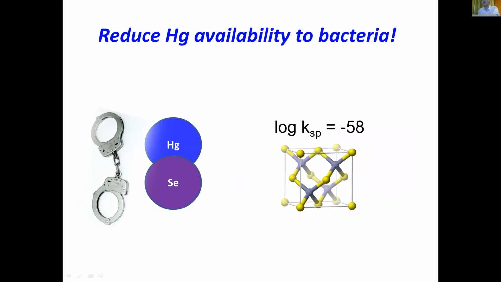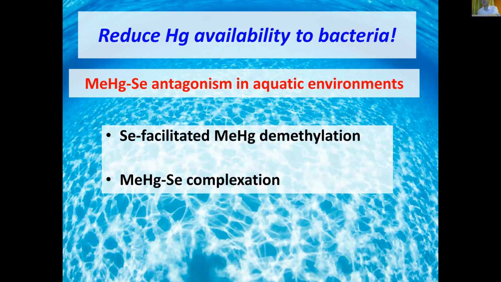The underlying mechanism of what we call the methylmercury-selenium antagonism in the aquatic environment, that means selenium decreases methylmercury accumulation in the aquatic system, has two reasons. The first one is that people think selenium could facilitate the methylmercury demethylation process, so selenium could decrease the methylmercury concentrations.